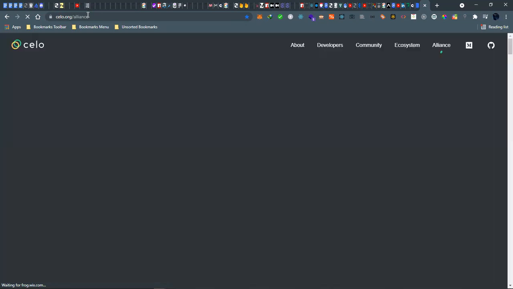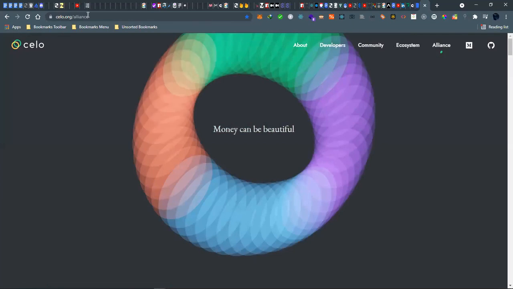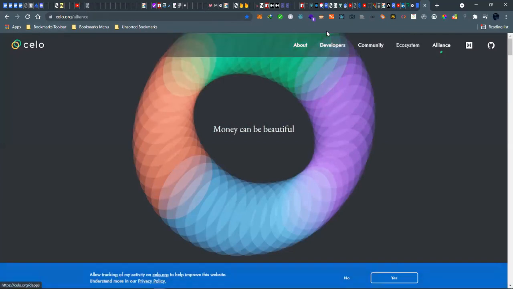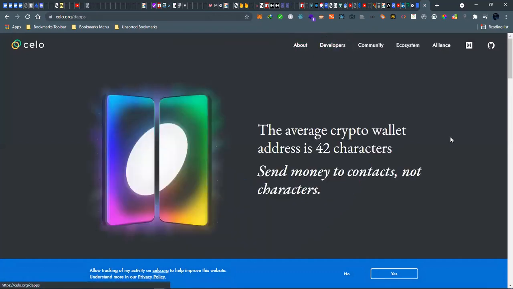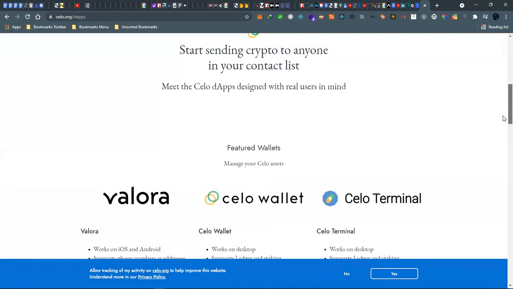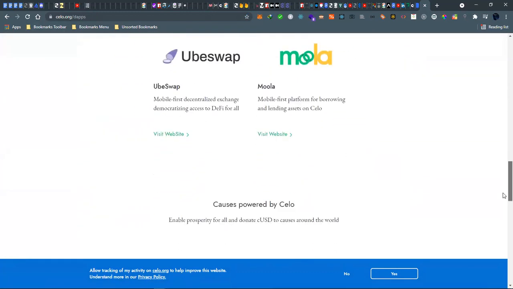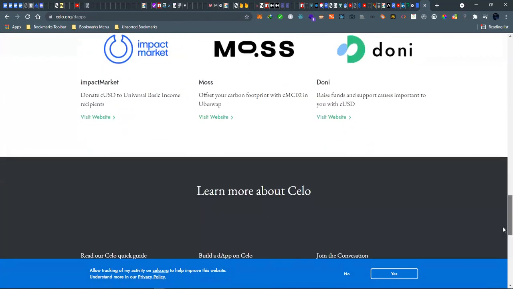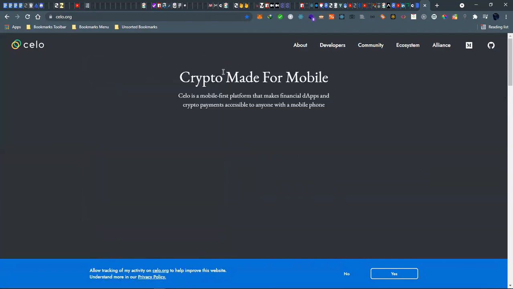So the Celo Alliance provides for whether you are a doer, a builder, or a dreamer. Whether you are a dreamer, you can be part of the Celo motive, Celoverse.